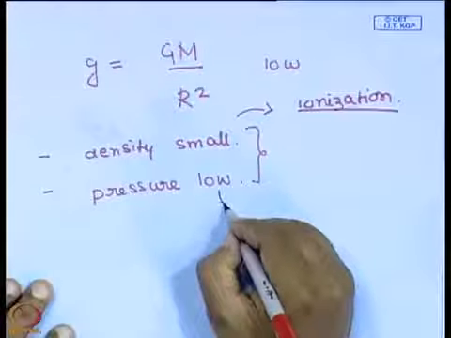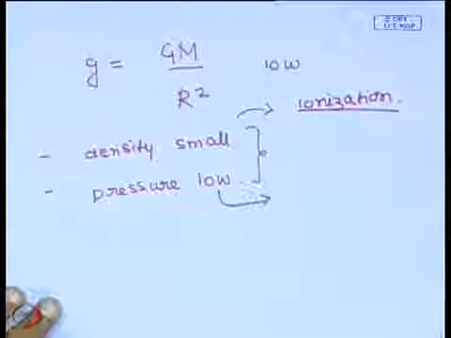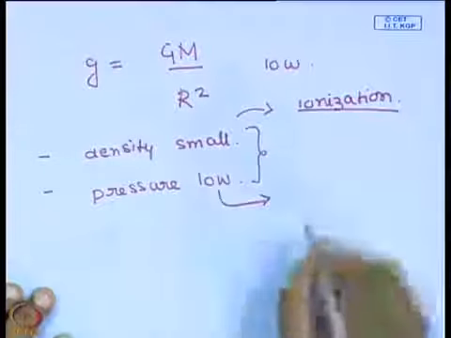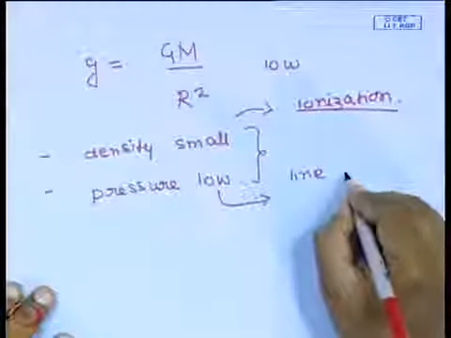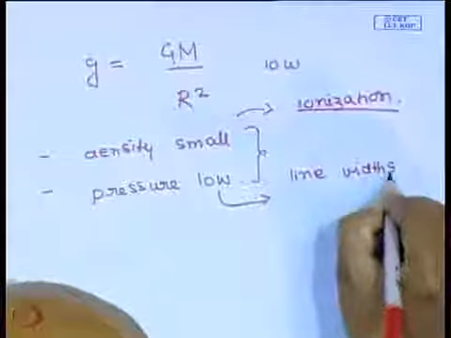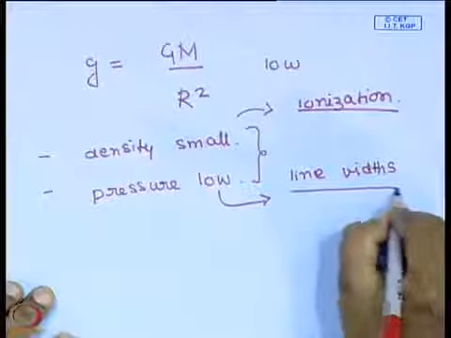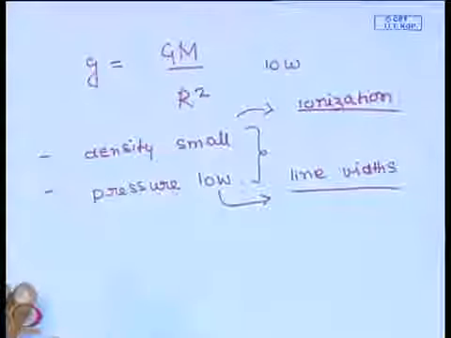The pressure difference, the smaller pressure manifests itself in the line width of the lines. So, if you look at the spectral lines from the surface, the line widths reflect the pressure, and the more the pressure, you have the broader lines due to pressure broadening.